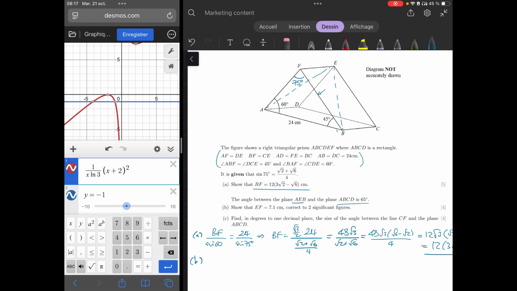So, if we construct a line from E perpendicular to AB, and from here, draw a line that's perpendicular to DC, that would give us the angle that we're looking for. So, let's call this point M and this point N.